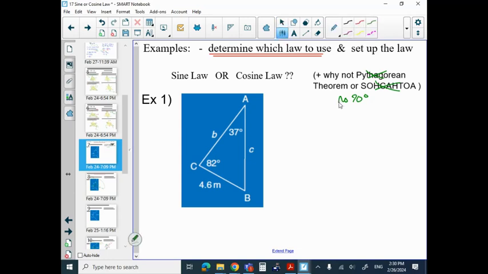So I've got an angle and an opposite side pairing there, and I've got an angle and a side that I can figure out. And so sine law is possible to do, right? So you would use sine law, you would say, C over sine of 82 is going to equal another pair of sides, so 4.6 over sine 37.